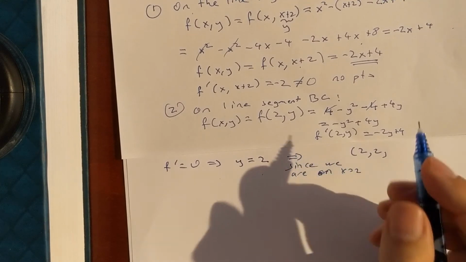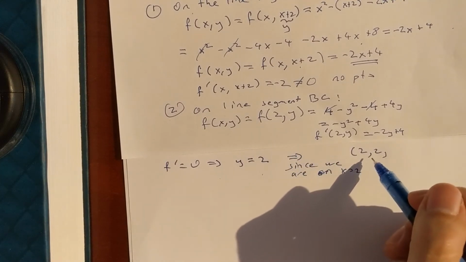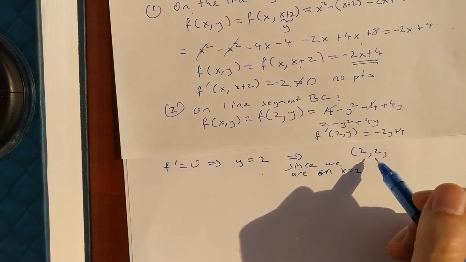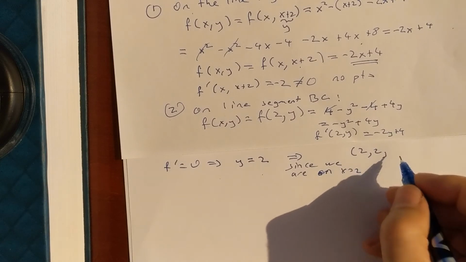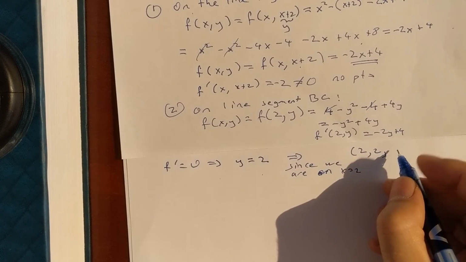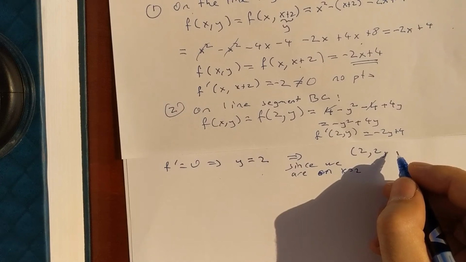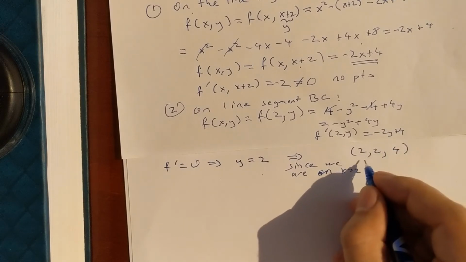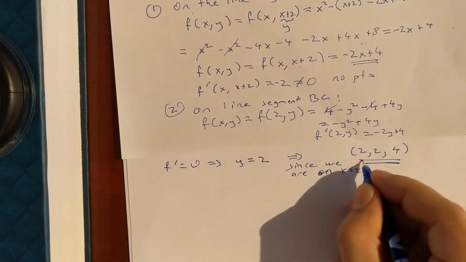The function was x squared minus y squared, that's going to be a big fat 0, minus 2 plus 8, that's going to be a 4. So we have 2, 2, 4 as another candidate.